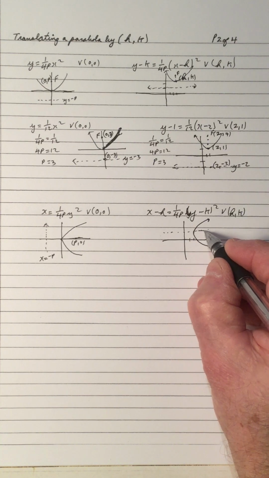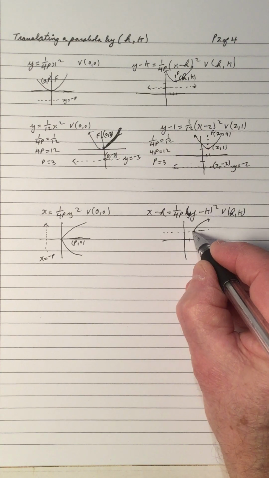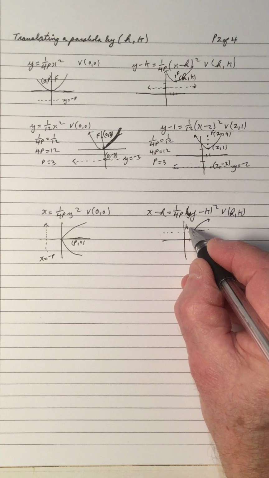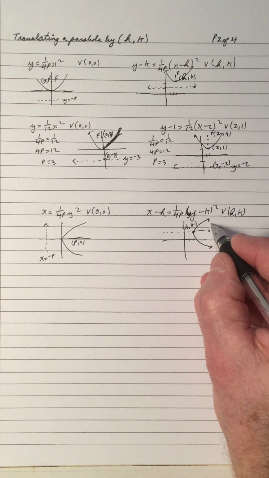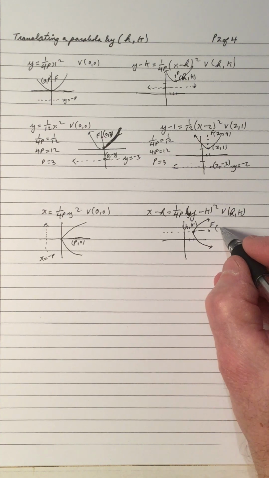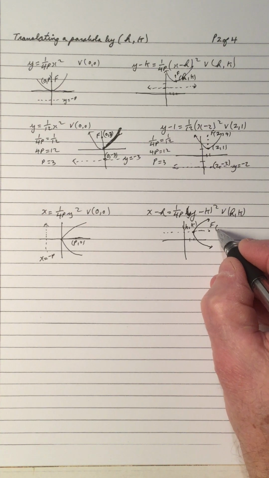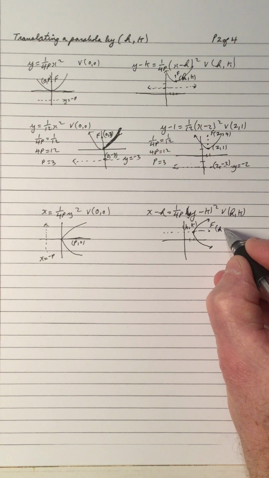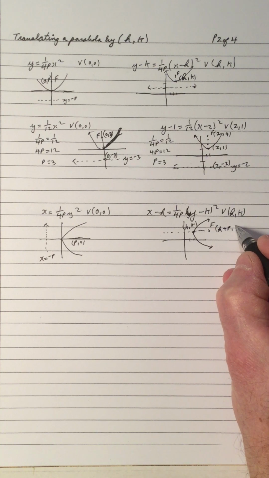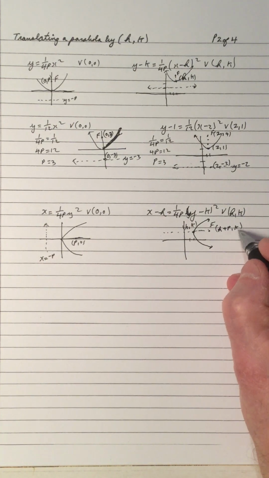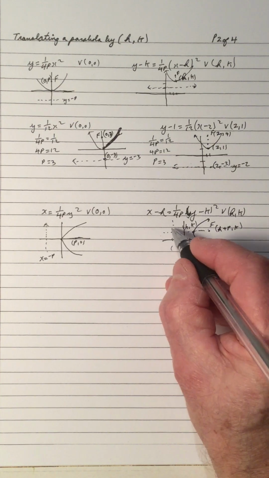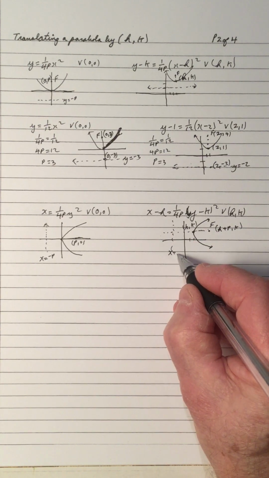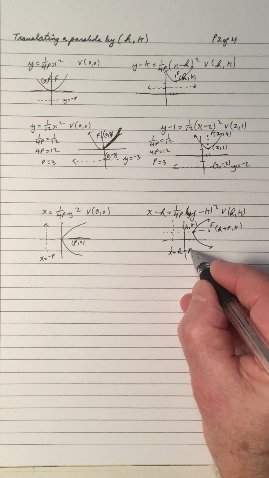The focus is h plus p comma k, and the directrix is on the other side, x equals h minus p.